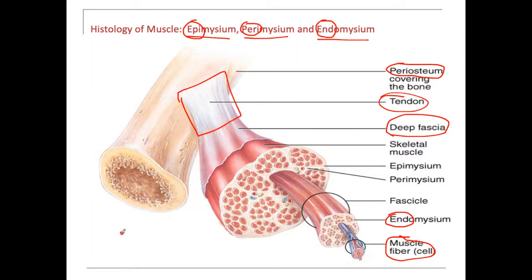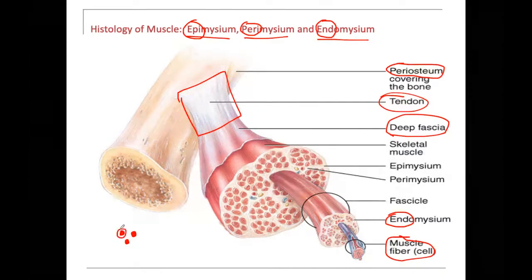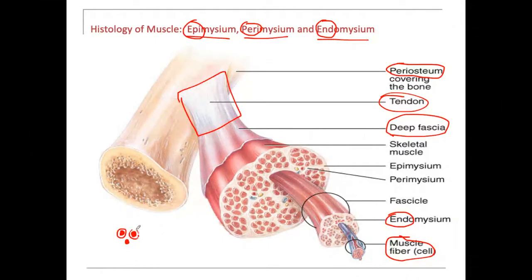So let's say here is a muscle fiber, and here's a muscle fiber, and here's a muscle fiber. Now around each of these, there's an endomysium like this, okay? An endomysium. Here could be another one. Let's say here's another fiber and another fiber and another fiber, and now we have an endomysium around them.